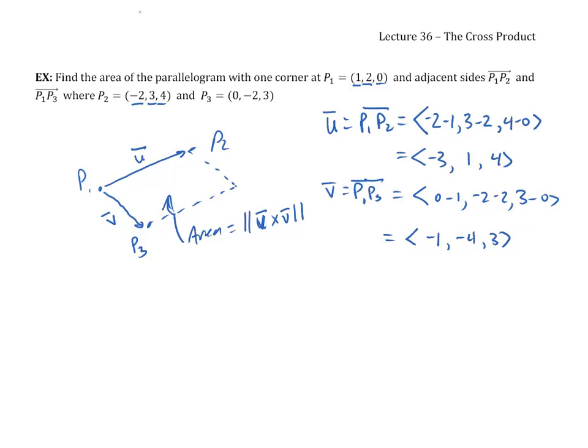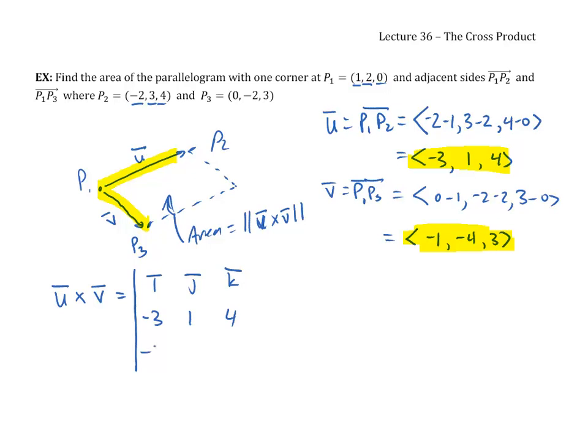So this vector here and this vector here are these two vectors on those sides of the parallelogram. So now we got to find u cross v. So I'll use my determinant formula for that. -3, 1, 4, -1, -4, 3.